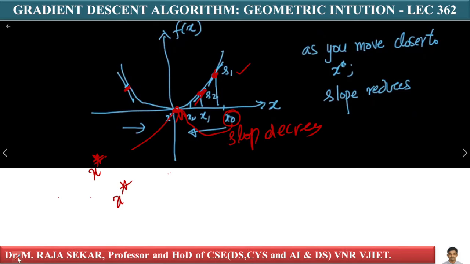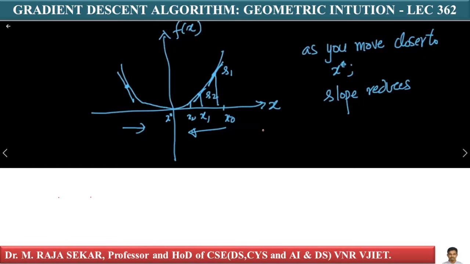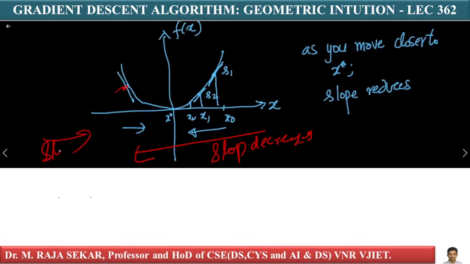If I move from here to here, what happens? The slope decreases. From here to here, the slope increases. Here it's a decreasing slope. This slope is 0, negative.